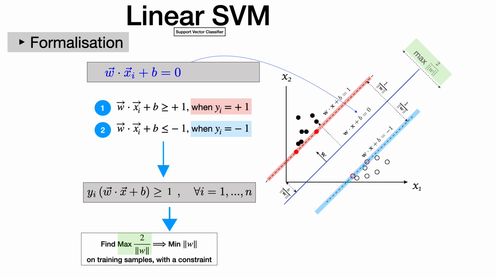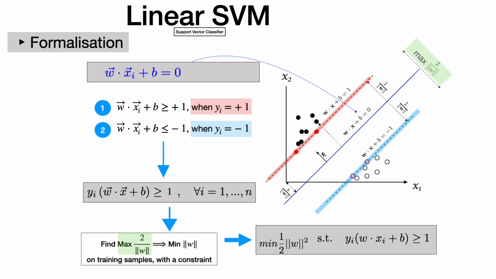It's the same thing. Well, precisely, maximizing 2 over the norm of W is basically minimizing the squared norm of W. And we add this 1 over 2, or half, to basically make it easier to calculate the derivative. It is the same thing. Minimizing a function or any scalar of that function is basically the same.